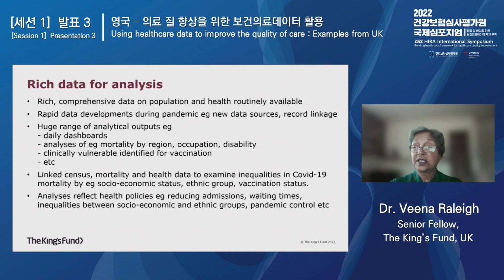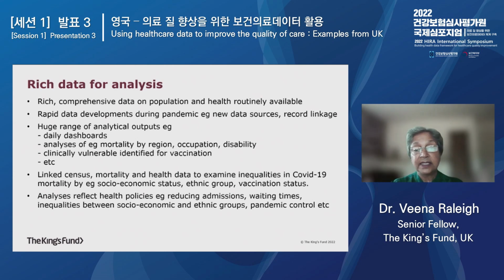We found, for example, that households where there were larger numbers of people and older people, because some families live with parents and so on, had a higher risk of infection and dying from COVID-19. So this linkage across data sets was tremendously useful in the pandemic.